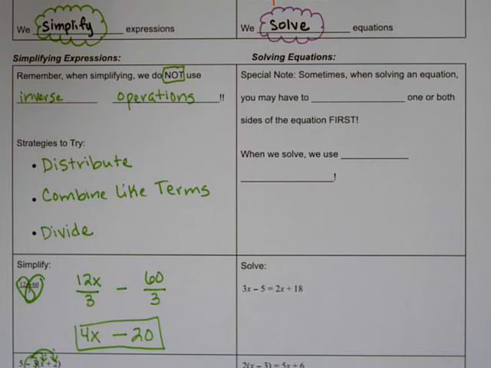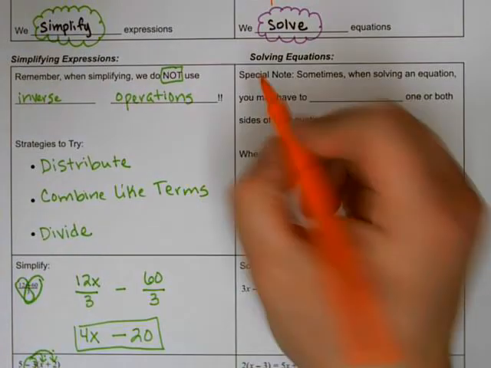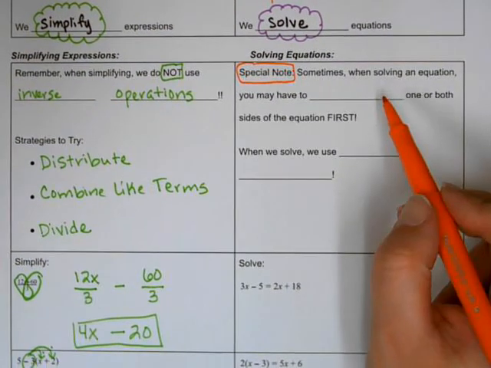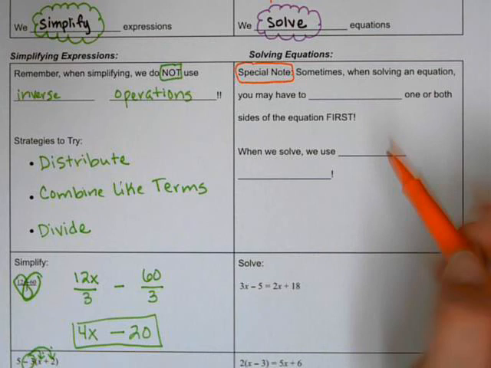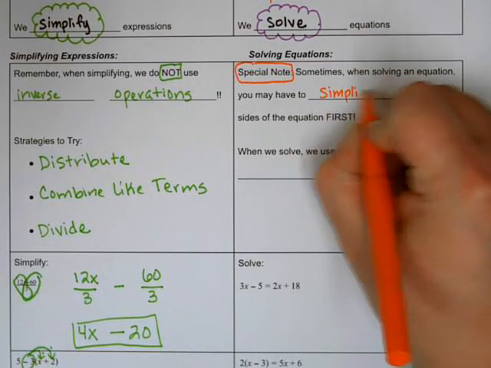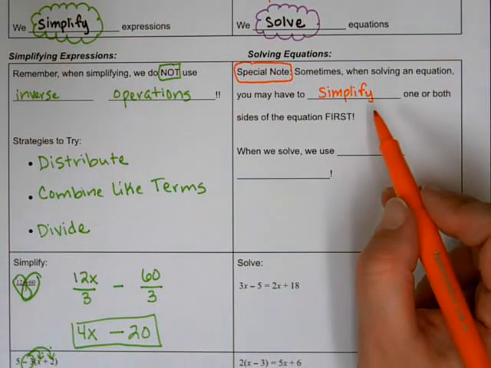So, this special note real quick that I want to point out is that sometimes when we're solving an equation, we may have to simplify one or both sides of the equation first.